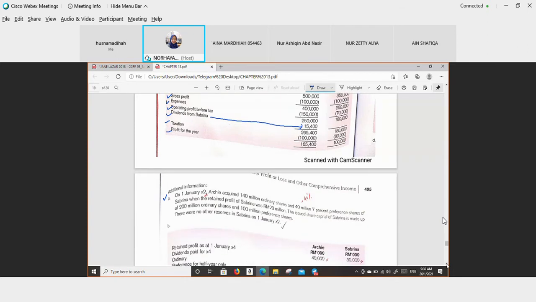Whether it is cumulative or non-cumulative, right? Is this one cumulative or non-cumulative?